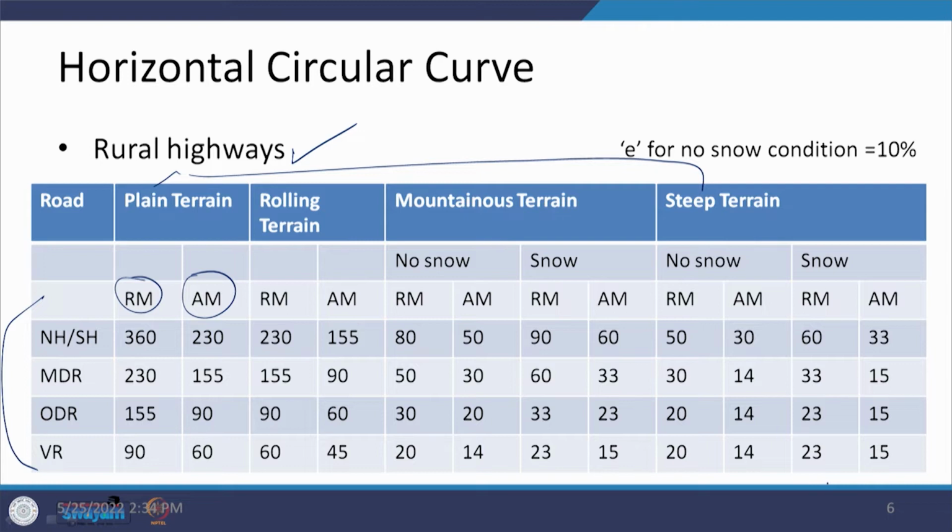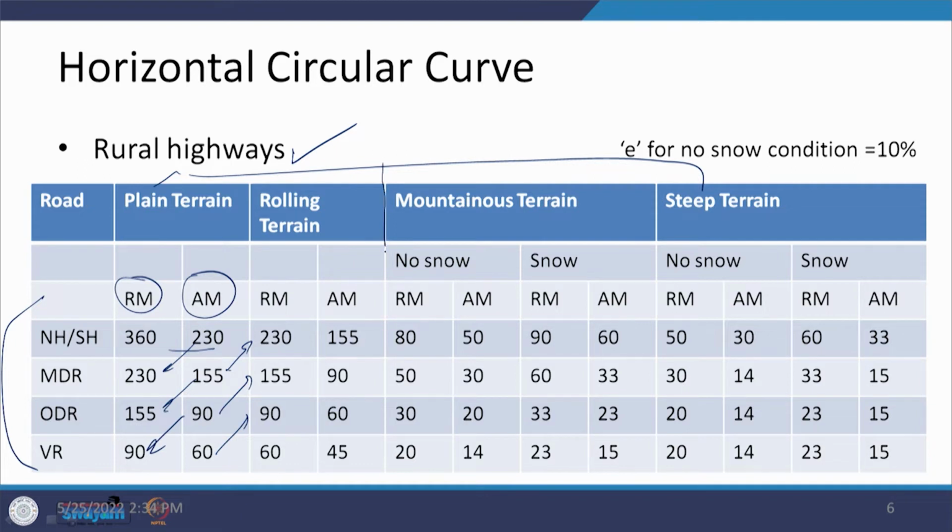So, the absolute minimum is Am and the ruling minimum is Rm, related to those particular speeds. In that sense again the values have been computed, and what you found is that this is 360, 230 and then 230 comes here, and that is how the relationship is there, and then the whole set goes in this form and you get a new value.